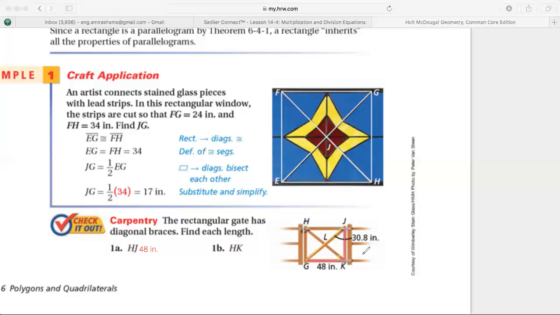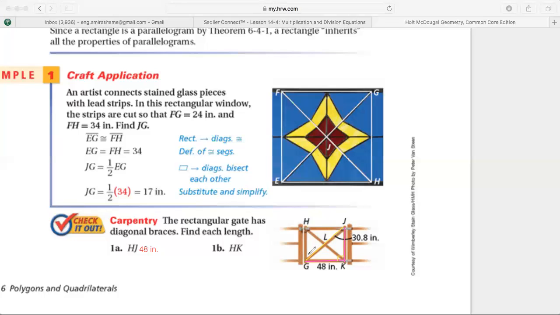Again, from the Pythagorean theorem that we learned in the first term, I have here a right triangle because the angle of the rectangle is 90. I want to get the measure of the hypotenuse, the side that is opposite to the right angle.